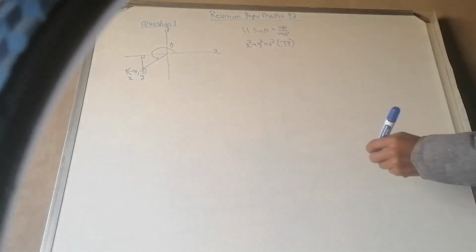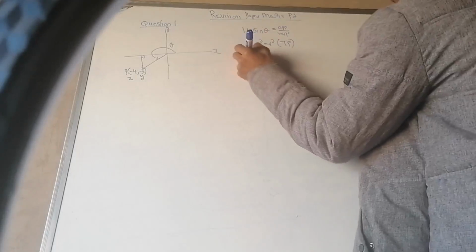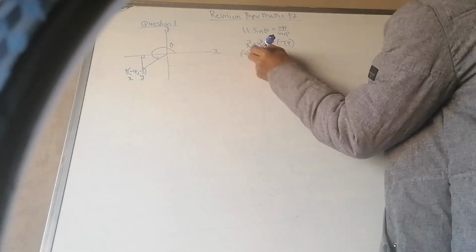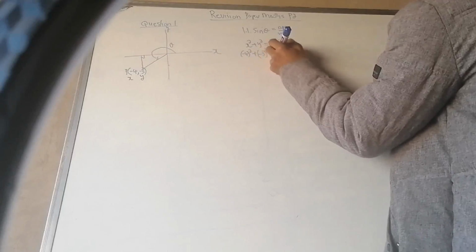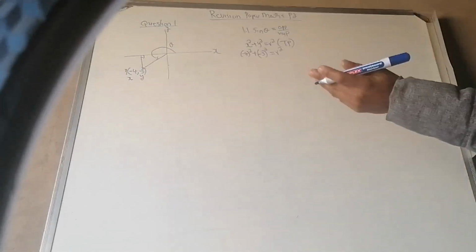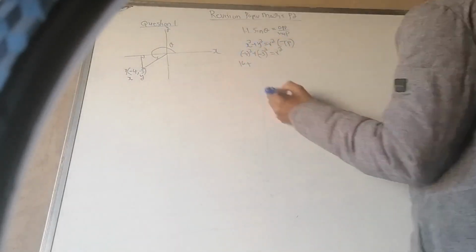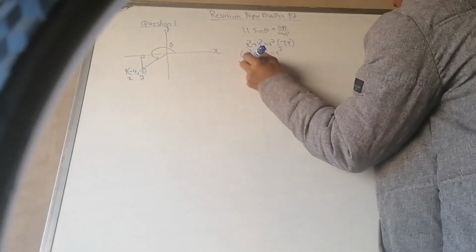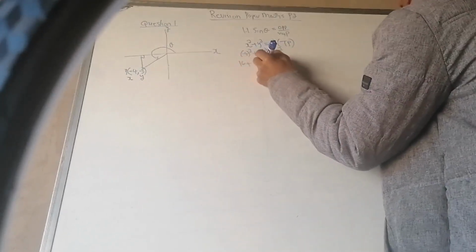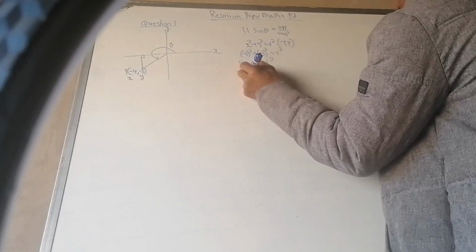My x is -4, that is squared. My y is -3, and this is r squared. -4 squared is 16, -3 squared is 9. This is your r squared.